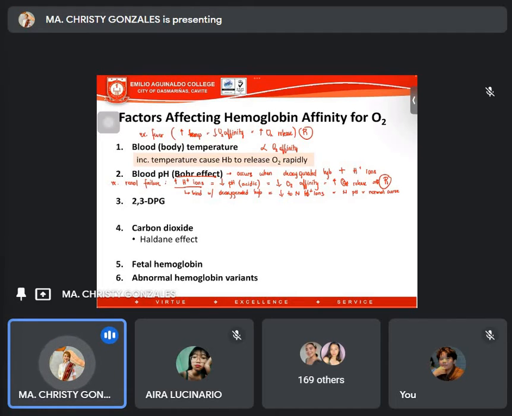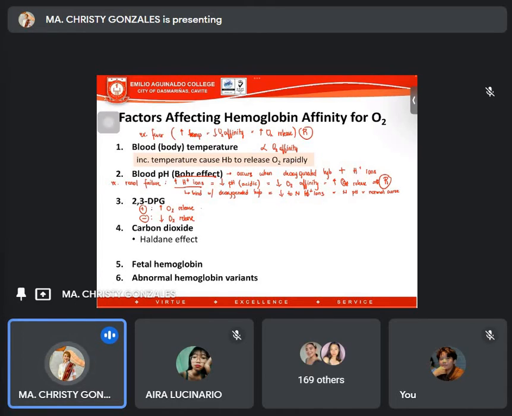So, alam naman natin what's the effect of 2,3-DPG, right? If there is 2,3-DPG, what happens to the oxygen? It will be released, right? Increase ang oxygen release. Kapag naman walang 2,3-DPG, decrease ang oxygen release.